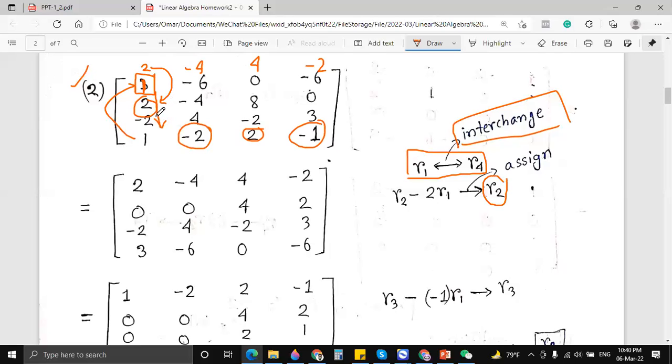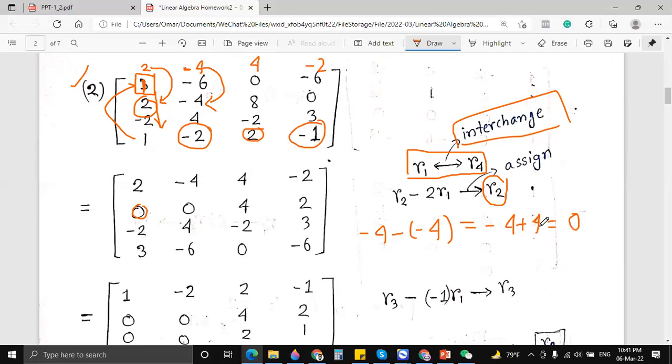So 2 minus 2, that means 0. Okay. Minus 4 minus minus 4. Hassan, see here we have minus 4. So minus 4 minus minus 4, that is going to be minus 4 plus 4, or 0, right?